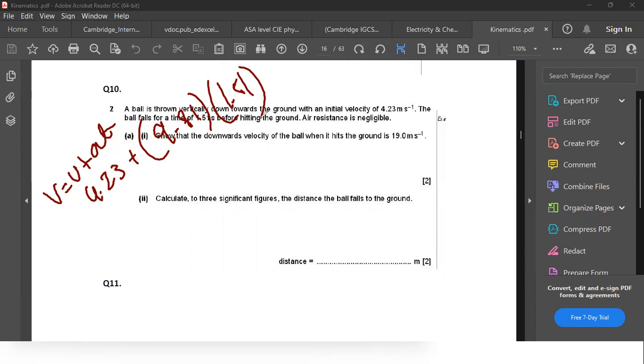Also, for this, because it's vertical, we use initial velocity as zero, right? Oh no, initial velocity is 4.23. Remember, in vertical motion, the initial velocity is whatever is given to you. The velocity at the very top is where you're going to have zero. And this is not even a projectile; in a projectile you are throwing the ball far away from you.